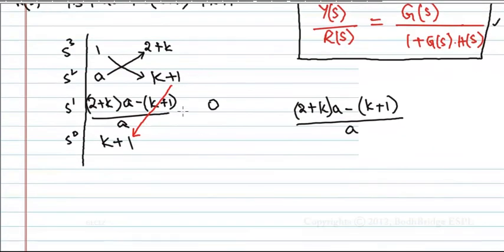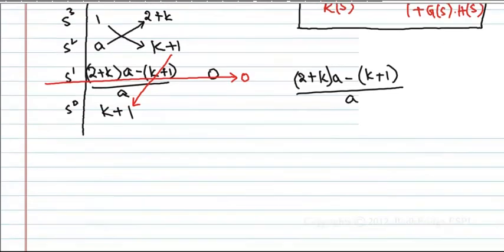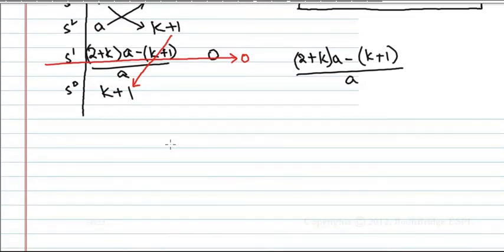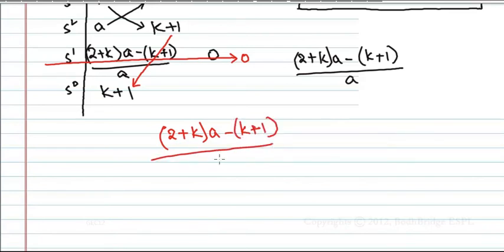Okay, when does a system oscillate? Only when one whole row becomes 0, right? Therefore here one whole row becomes 0, and that too it should be an odd row, and so s power 1 should become a row of zeros, which can be ((2 + k)a minus (k + 1))/a equal to 0.